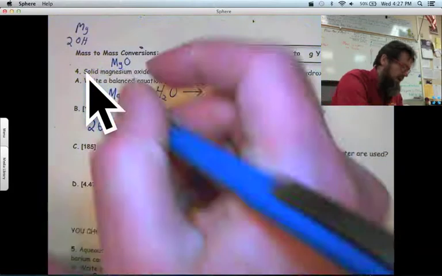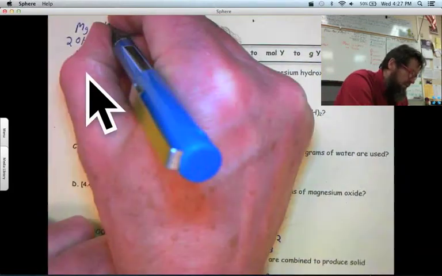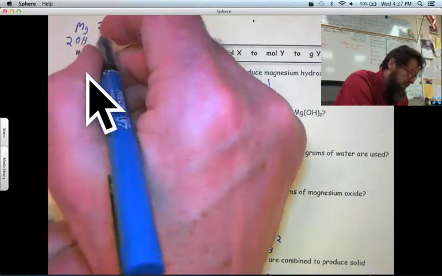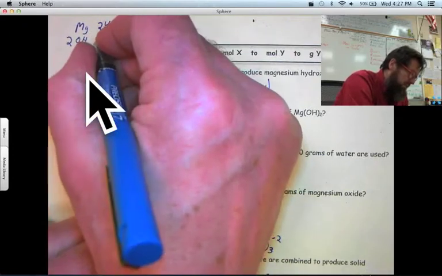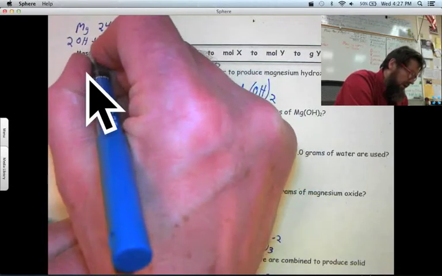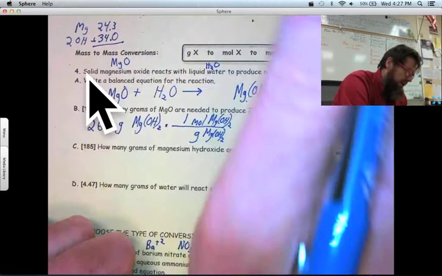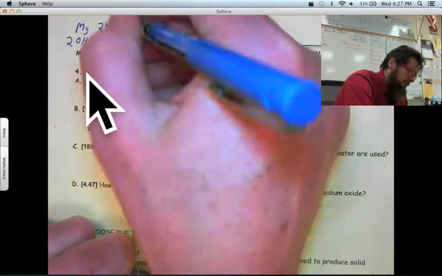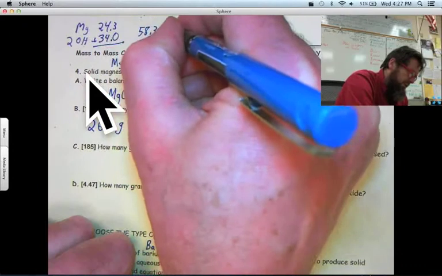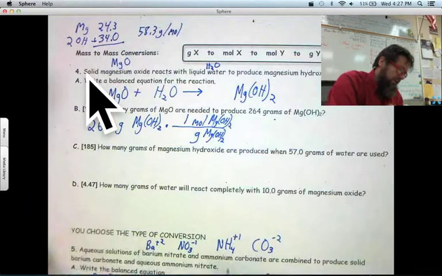So 24.3 plus 16 plus 1 is 17, times 2, 34. We add that up and we get 58.3 grams per mole for magnesium hydroxide.